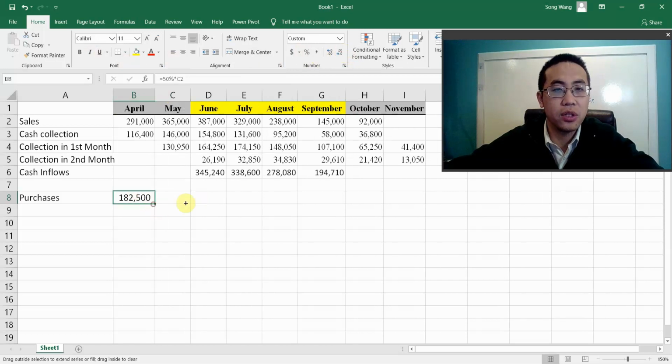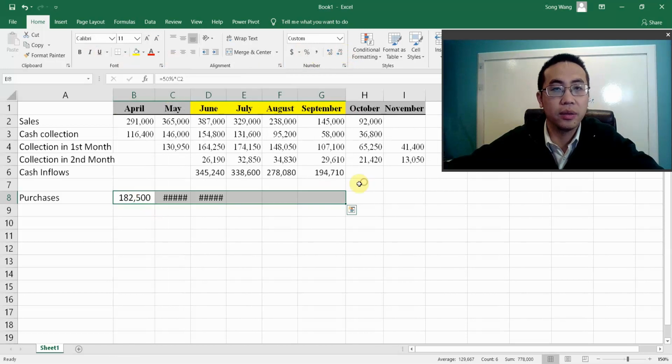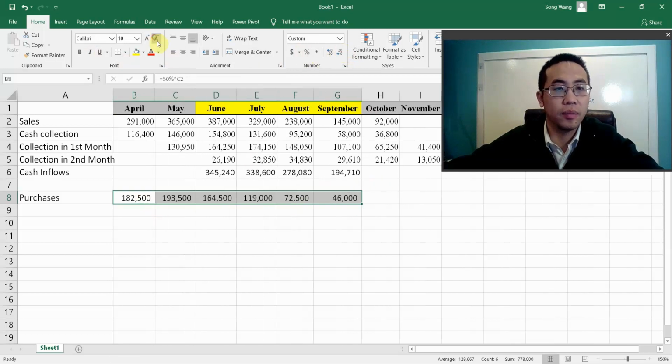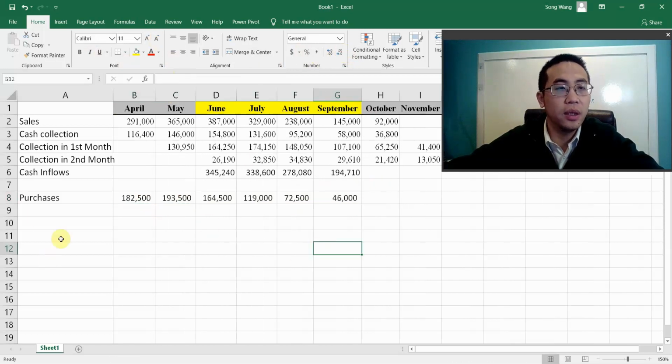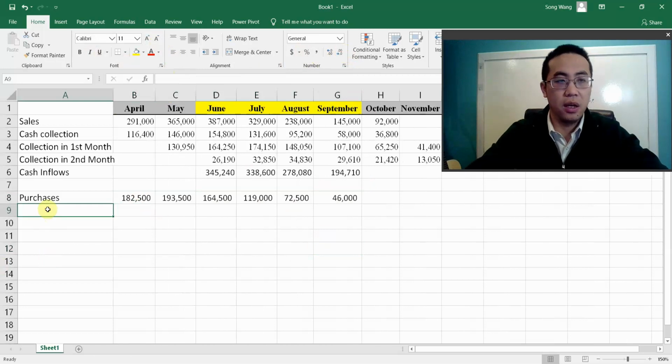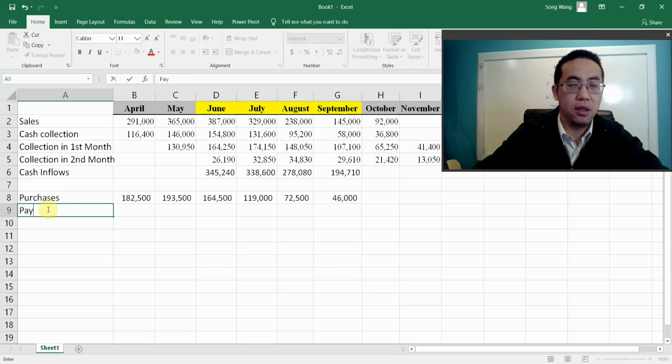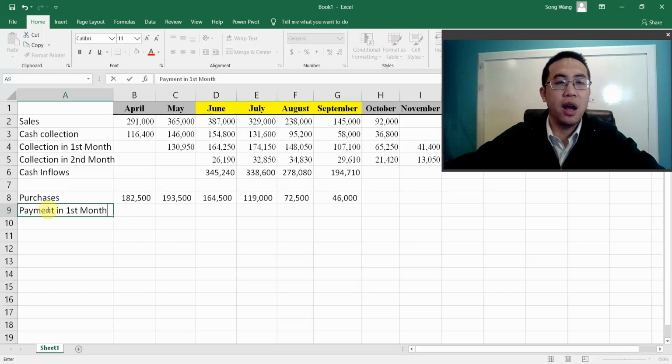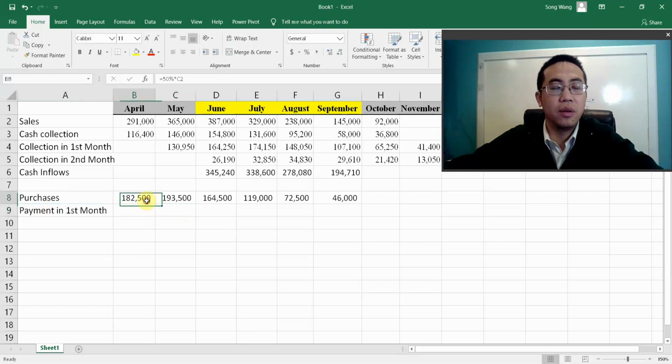Okay, and then I just drag it all the way. And for the cash payables, let's say for the payment in the first month, it is not happening until the inventory was built and the purchase occurred.